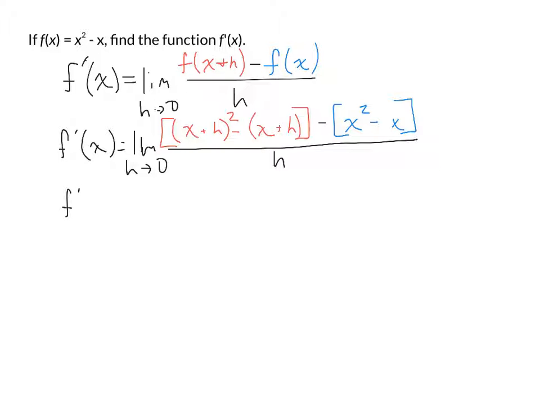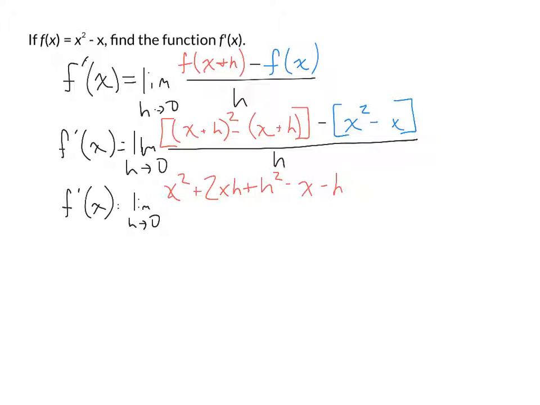So the derivative of f of x equals the limit as h approaches 0 of x plus h quantity squared, that's x squared plus 2x times h plus h squared, minus x plus h, so I'm going to distribute that through, so it would be a minus x minus h.